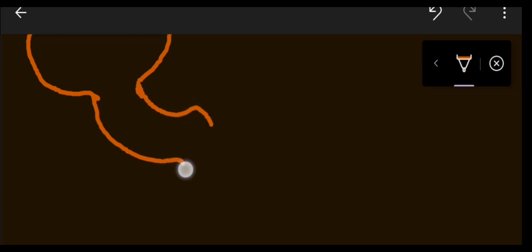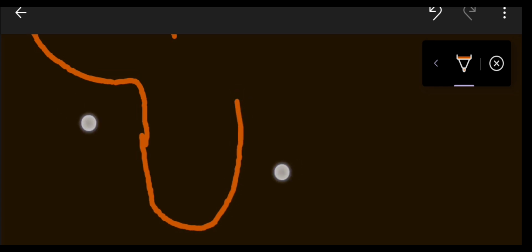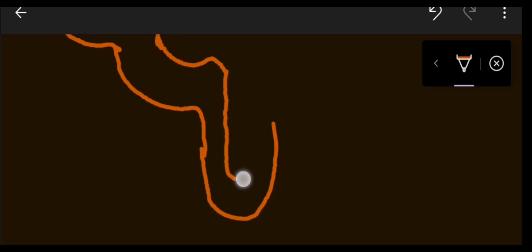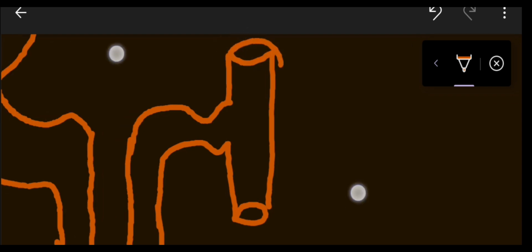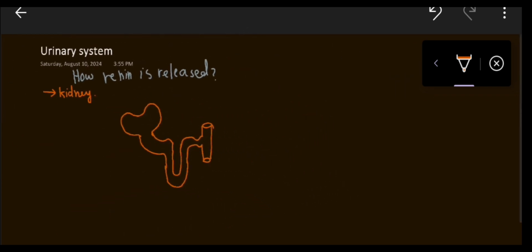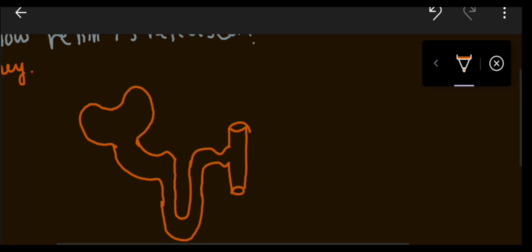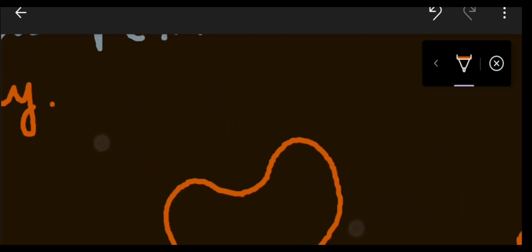This is the loop of Henle. This is the DCT. And at the end, this is the collecting duct. So this is the neuron structure. Here we have the glomerulus.